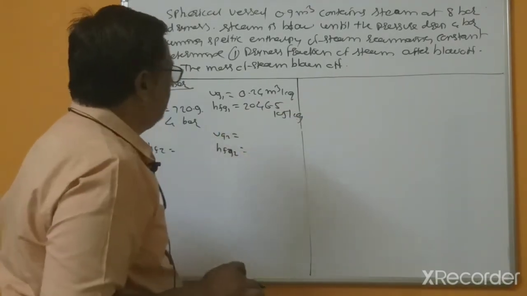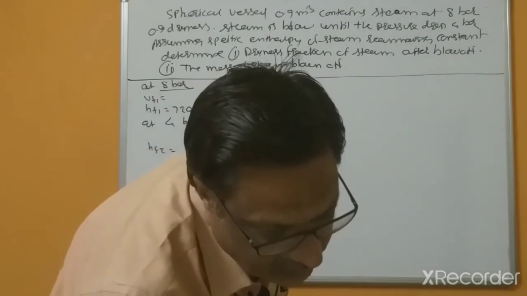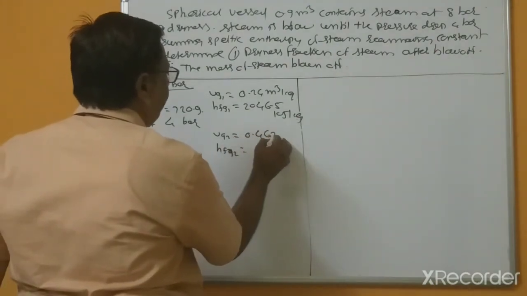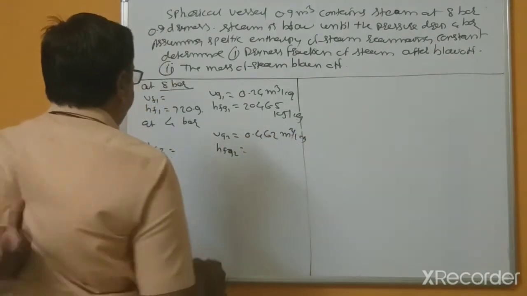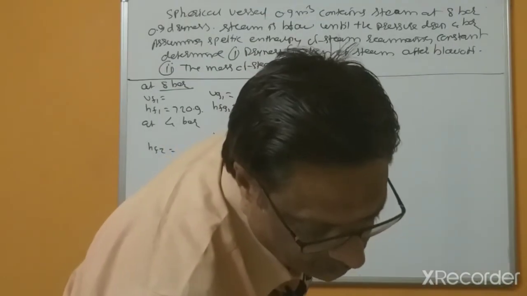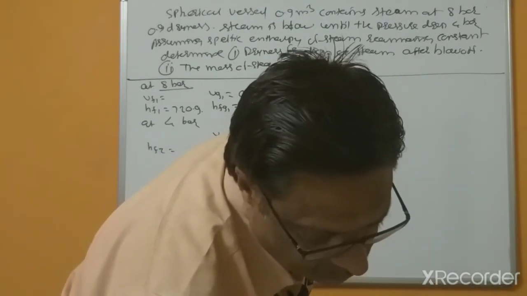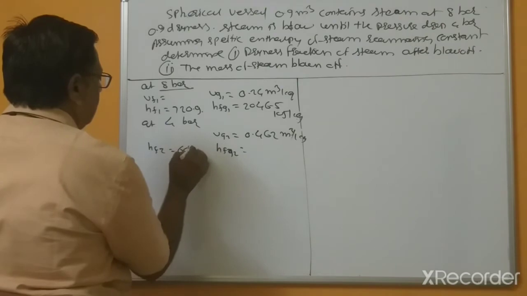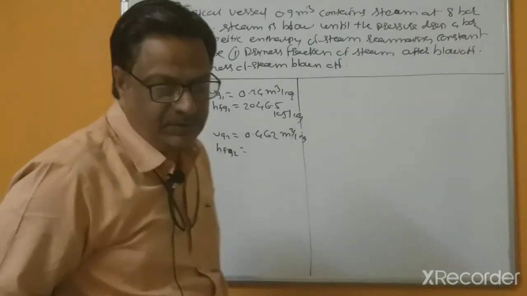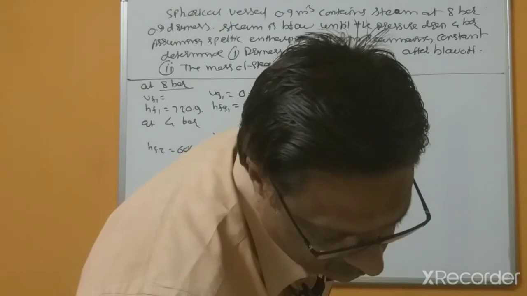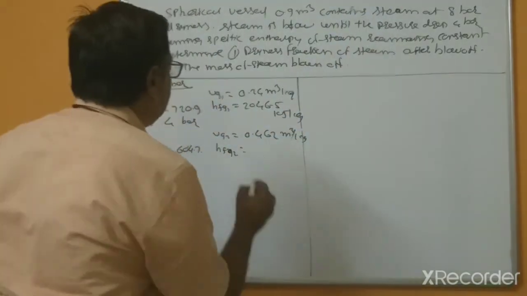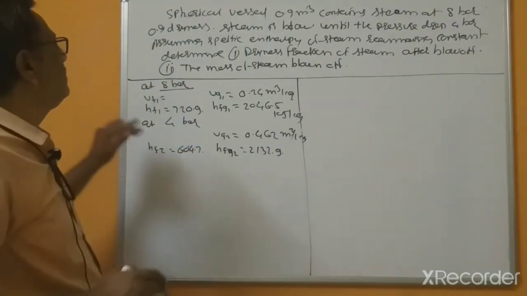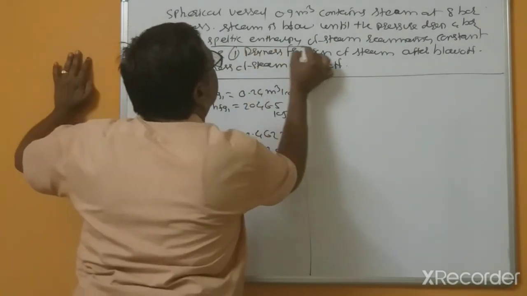Again, at 4 bar, vg2 0.462 meter cube per kg, hf2 604.7, hfg2 2132.9.